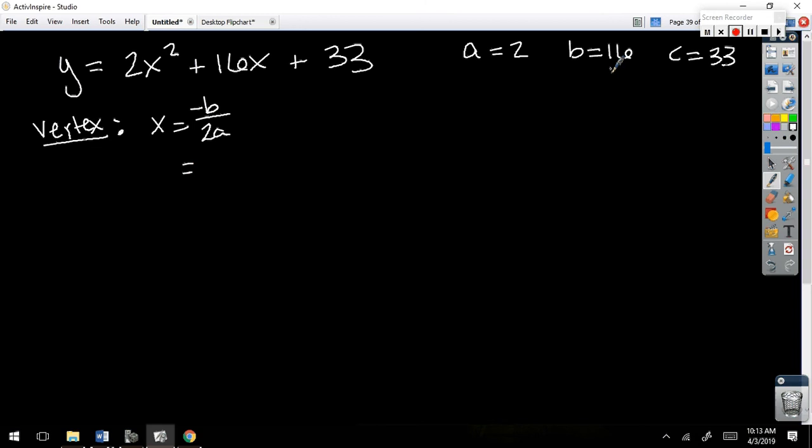B is 16, so it becomes -16 over 2A. A is 2 this time. All right, so -16, what is 2 times 2? Opposite B. You have to change it. Yes. Opposite sign of B.